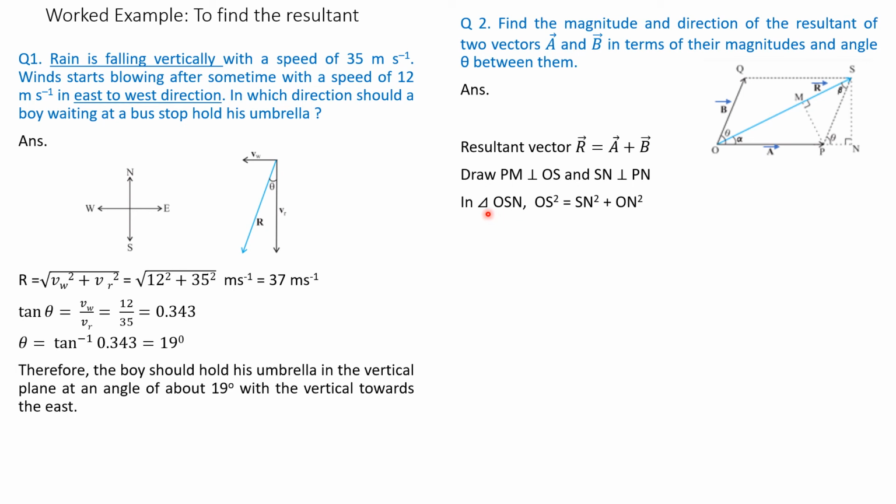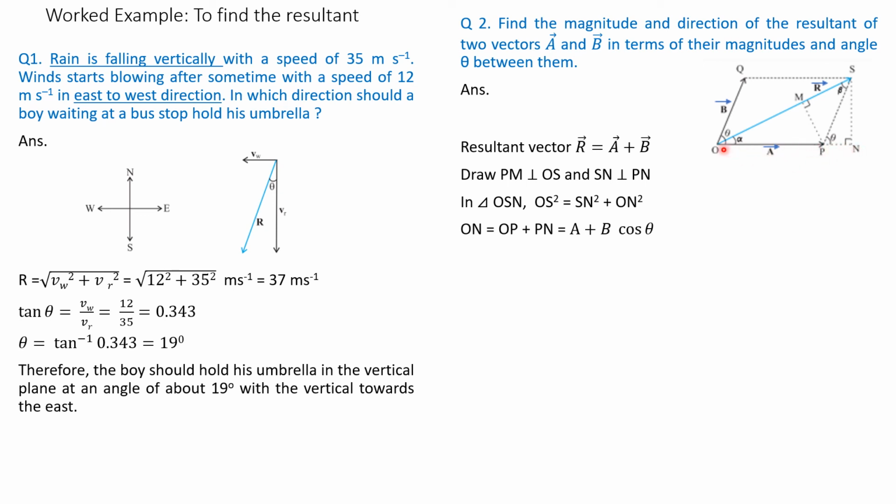In the right angle triangle OSN, using Pythagoras theorem, OS square is equal to SN square plus ON square. But ON is equal to OP plus PN from the figure.